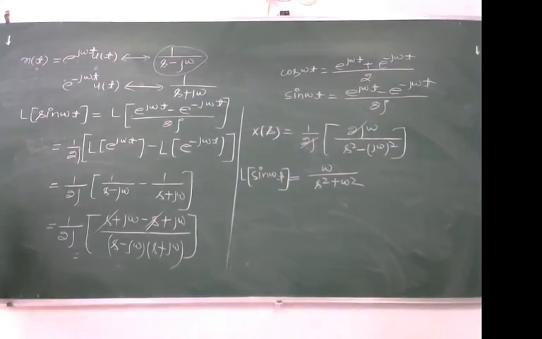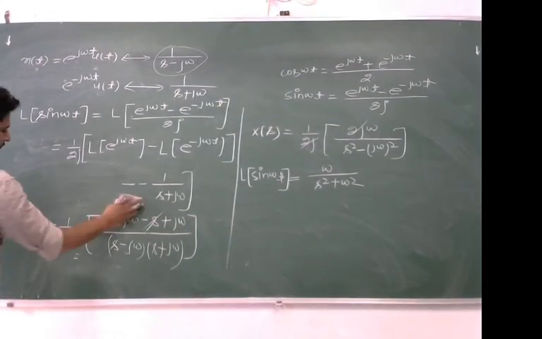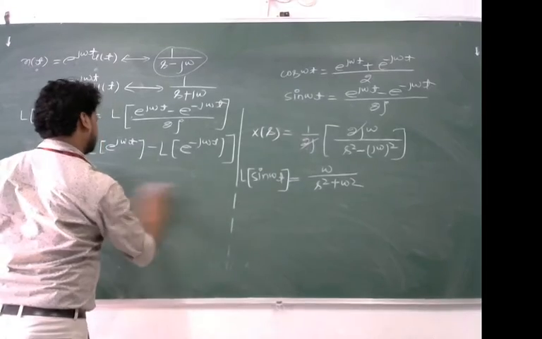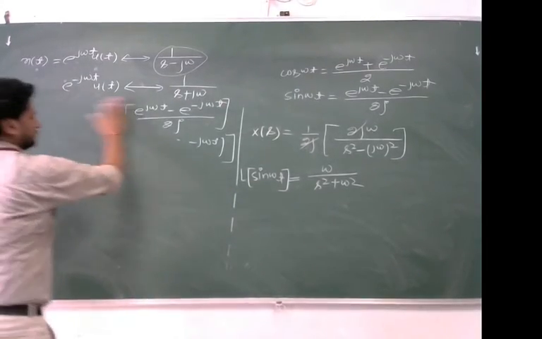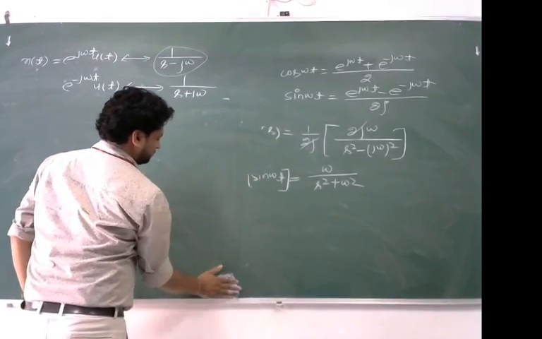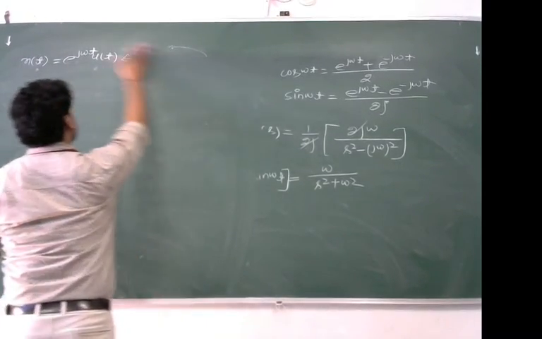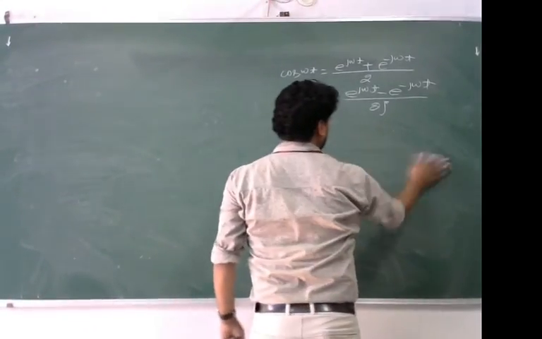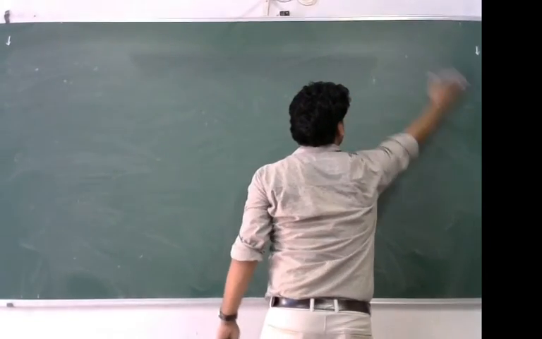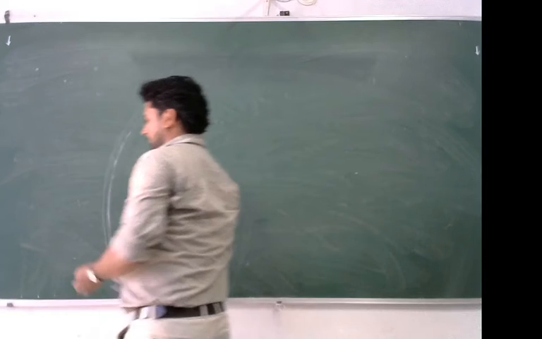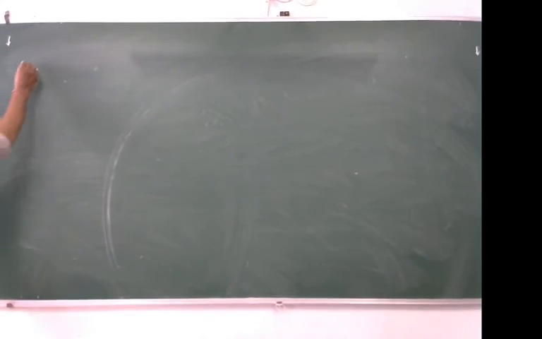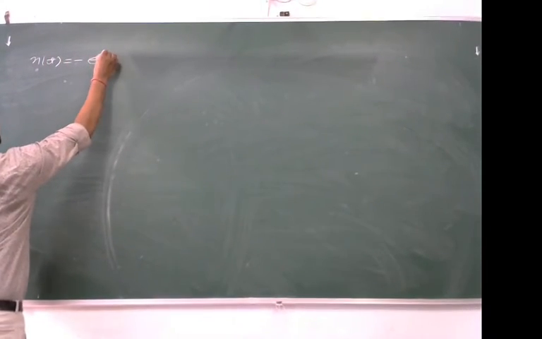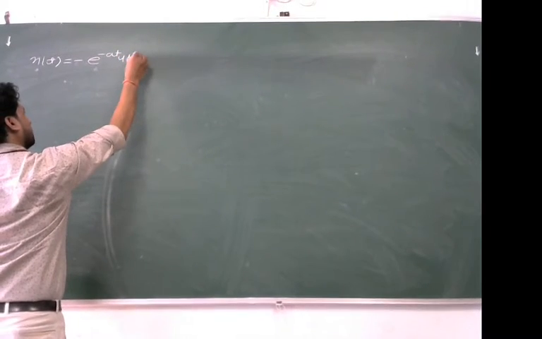Now find the Laplace transform of, suppose x of t is equal to minus of e power minus at u of minus t.